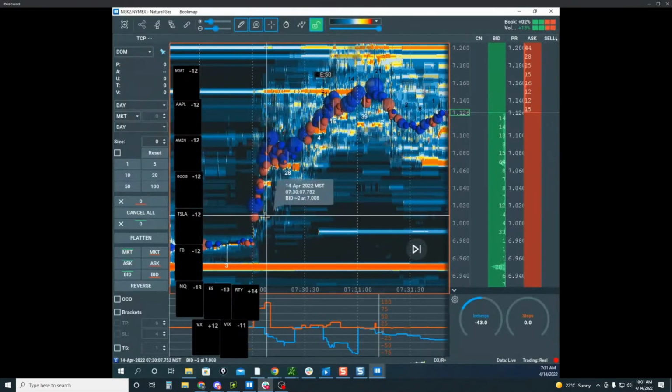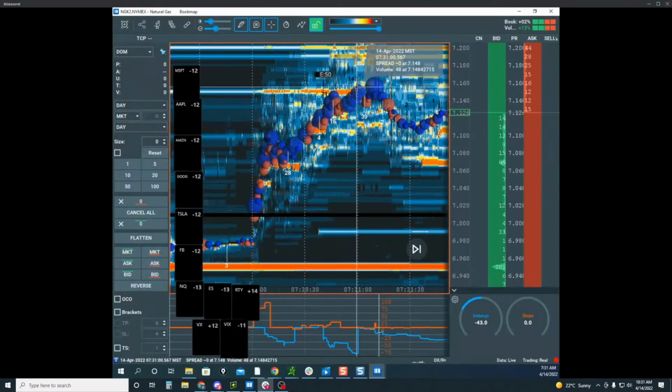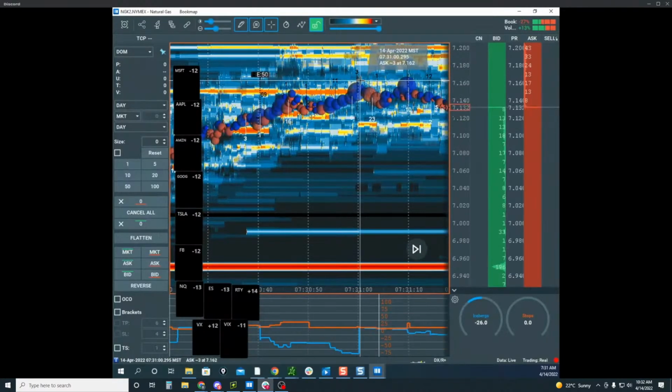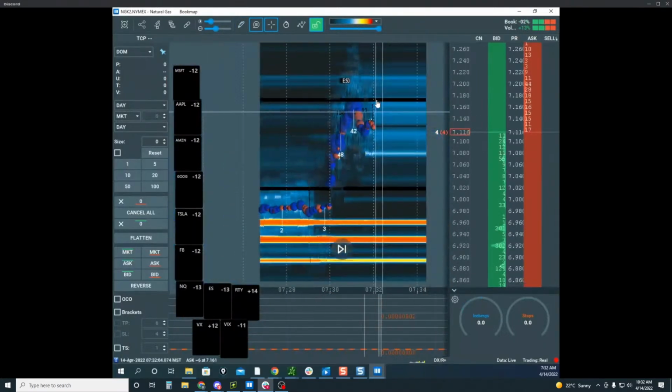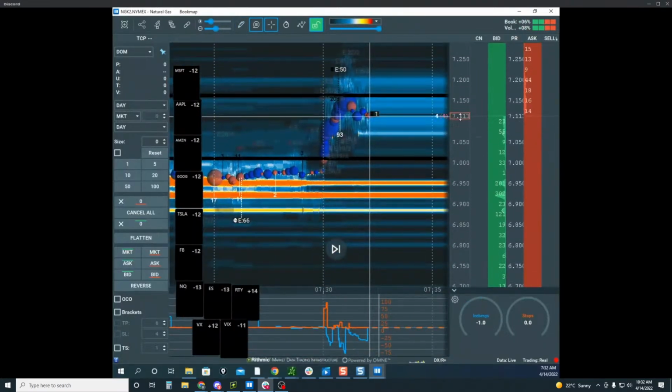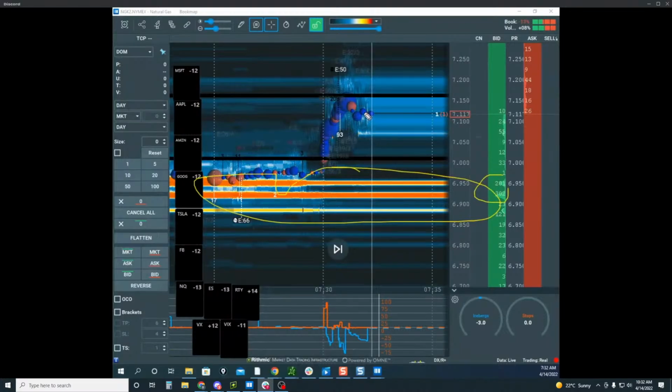So this is actually a pretty big zone here. You got that all the way up to here. But this thing is pretty incredible. First and foremost, what you guys should all notice, right? That's liquidity. Those are big orders. Where do you think we're going?